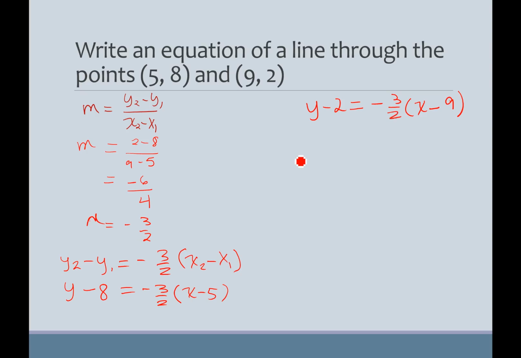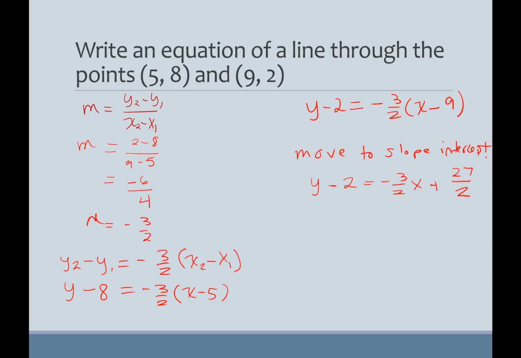Again, if I want to move it to slope-intercept, I have to distribute. So I've got y minus 2 equals negative 3/2 x plus 27/2.